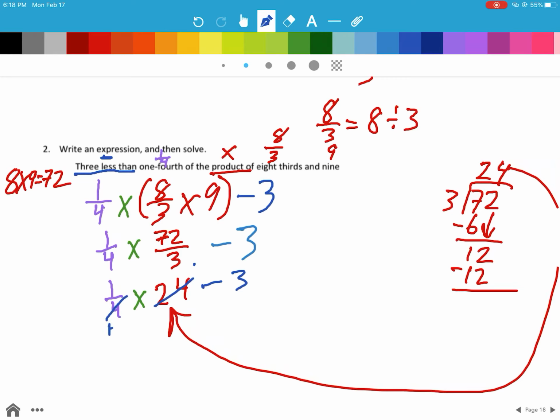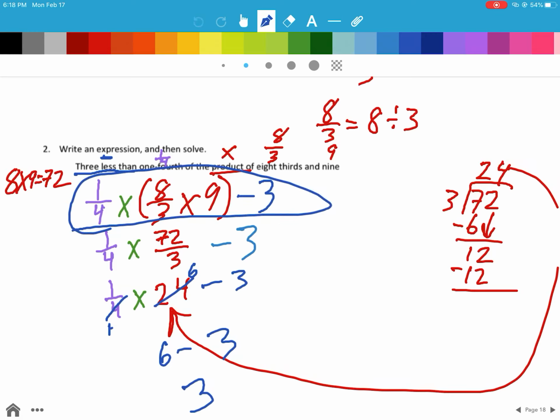All right, so most of you will be able to do this. 4 goes into 24 six times. So it's going to be 6 minus 3, which will give us 3. So our answer is 3 on this. Okay, so I wrote the expression right here, and then I solved it right here.